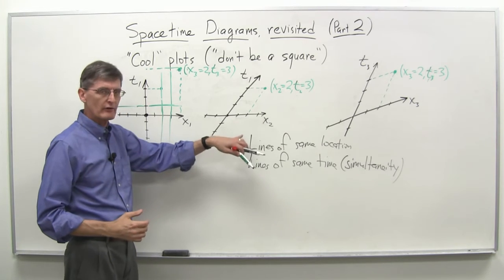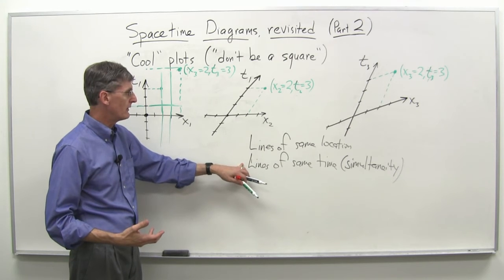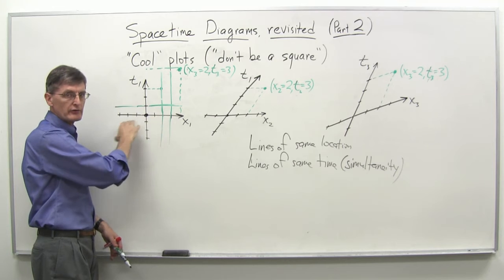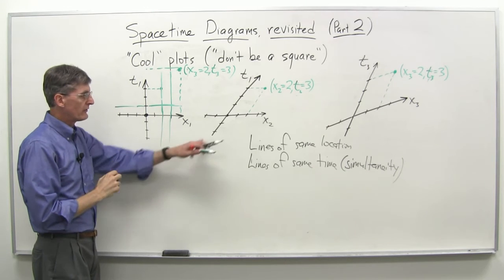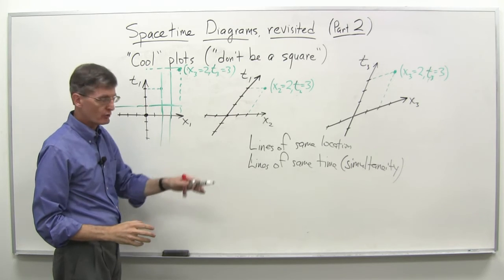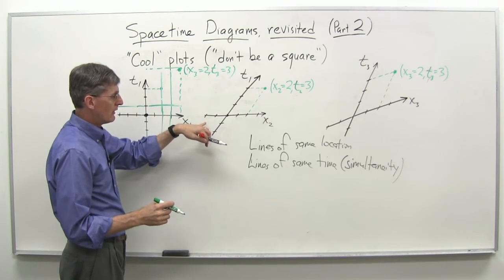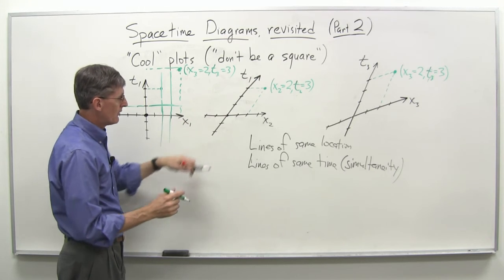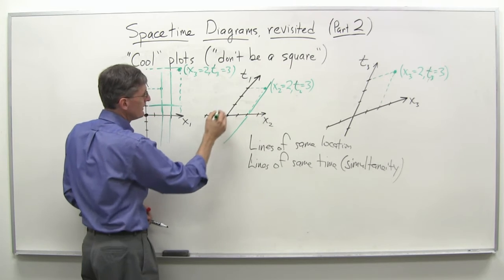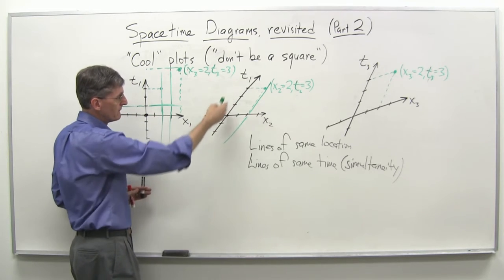So back to the point here, though: lines of same location, lines of same time, or lines of simultaneity. Vertical and horizontal here, note that they're parallel to the respective axes. And same thing when we get these skewed plots, as it were, these non-square plots. The lines of same location here are going to be like this. They're going to be parallel to the t-axis, because the t-axis is the line of same location for x equals 0.